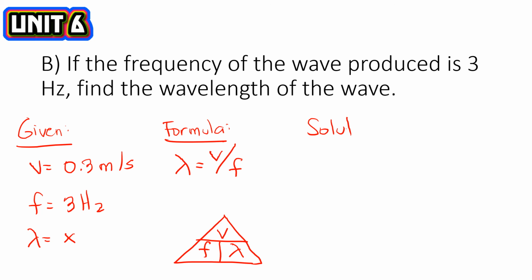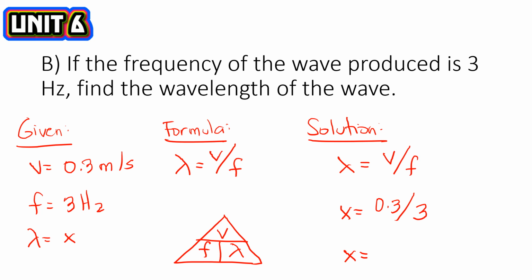So for our solution, lambda is speed divided by frequency. X is equal to 0.3, I will remove the unit for convenience, divided by 3. So that will be how much? Okay, that will be 0.1 meters. So that means the wavelength of this wave is about 0.1 meters.